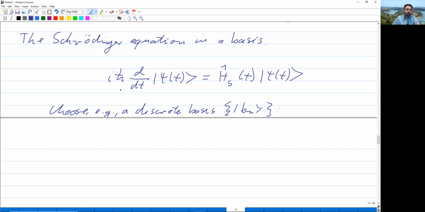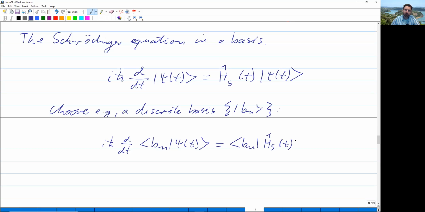Then, if we multiply the B n vectors from the left, we have i h bar d by dt B n psi of t. We are allowed to pull the d by dt in front because the B n are constant. It's just a fixed choice of basis, not time dependent. This is equal to B n, Schrödinger Hamiltonian, and then in principle I could write here the psi of t.